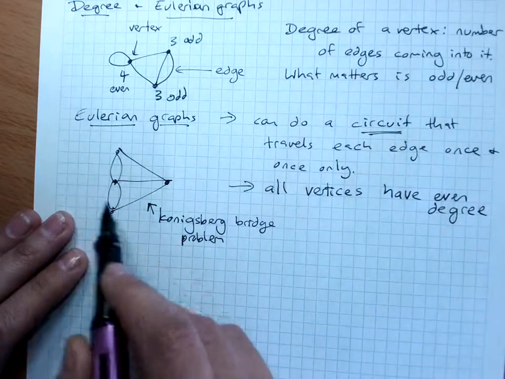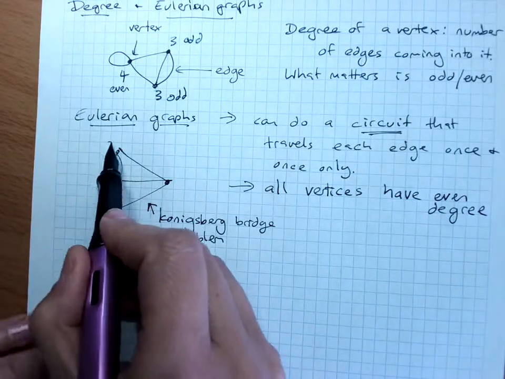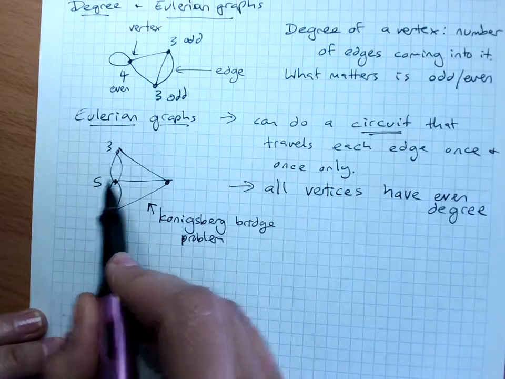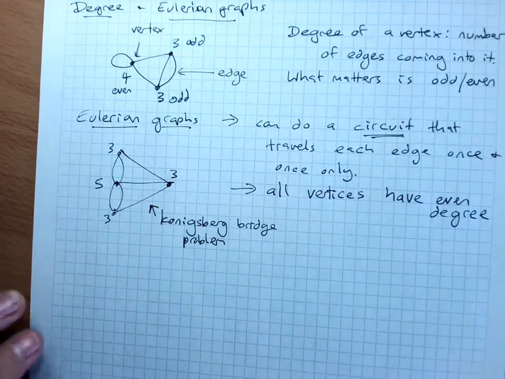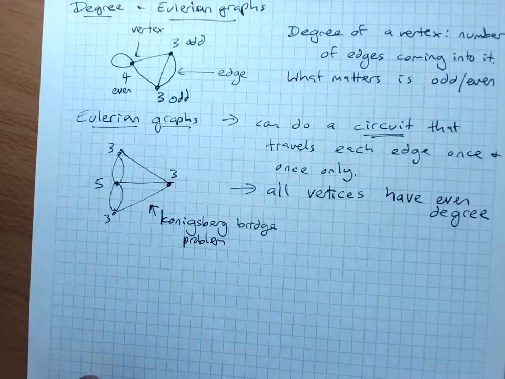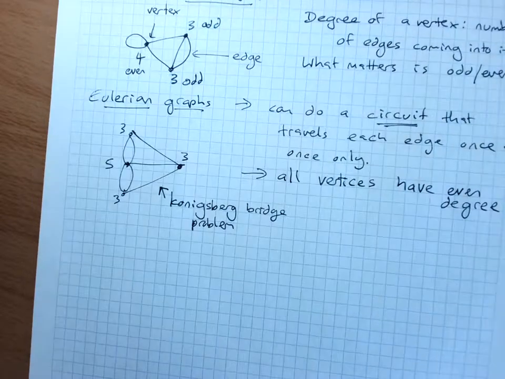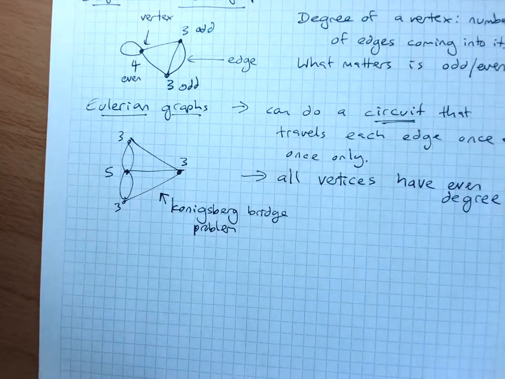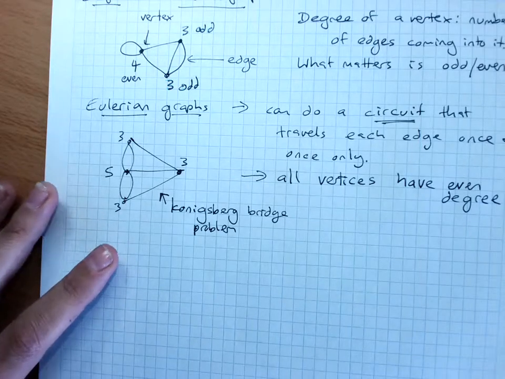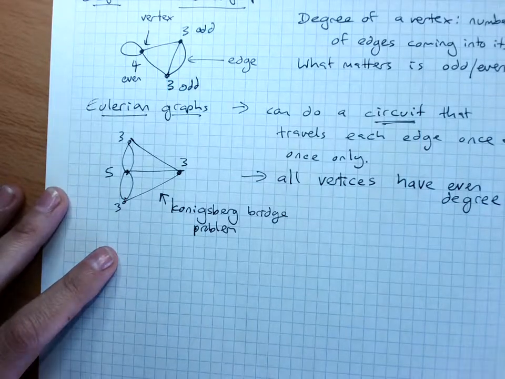Now that's not the case in the Konigsberg bridge problem, because a bunch of them, in fact all of them, are odd. But the reason we talk about Konigsberg there is that's where this idea of graph theory came from.